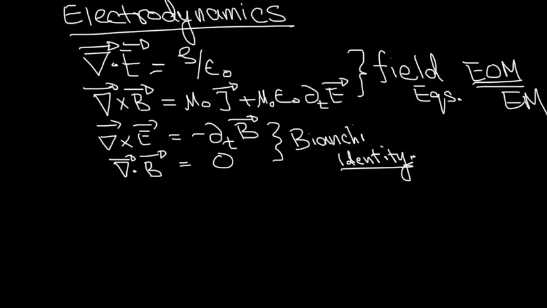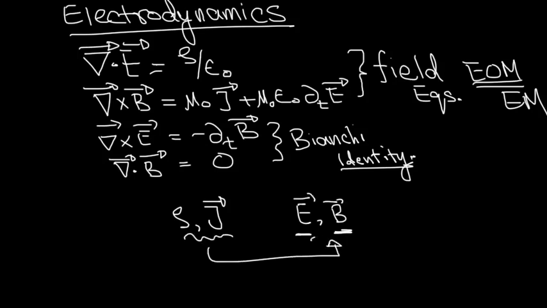They tell you how the sources, ρ and J, the charge density and current density, create the fields, the electric field and magnetic field, with some topological constraints.